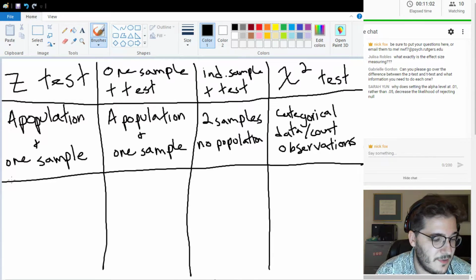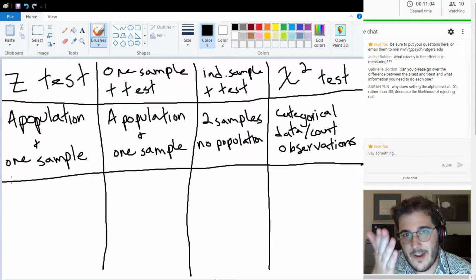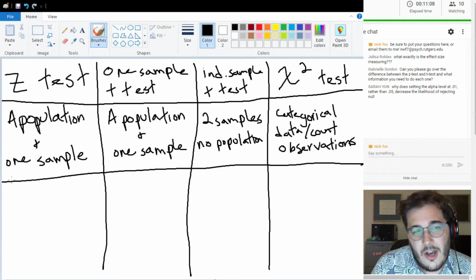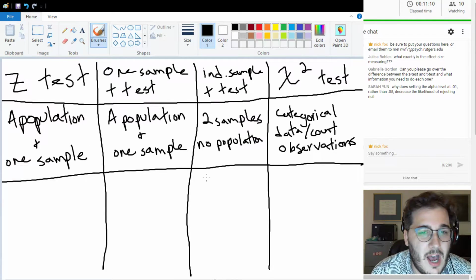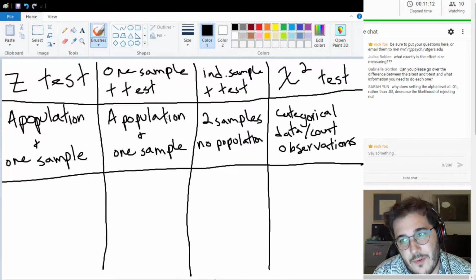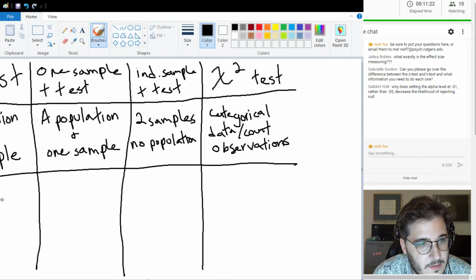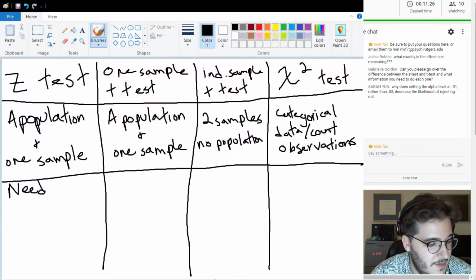I apologize for looking like I'm staring at the camera because I'm trying to write legibly. The amount of information you have will dictate which test you want to use. So for the z-test, what do you need?